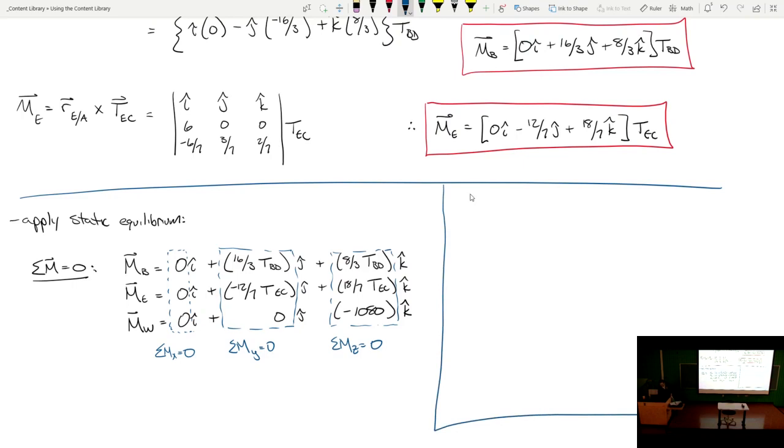What am I left with? And we'll move the 1080 over to the other side.